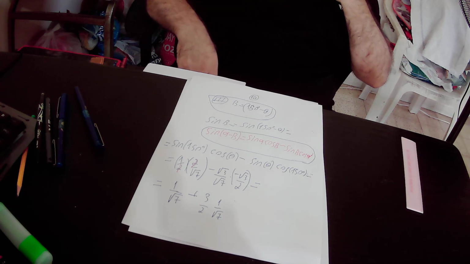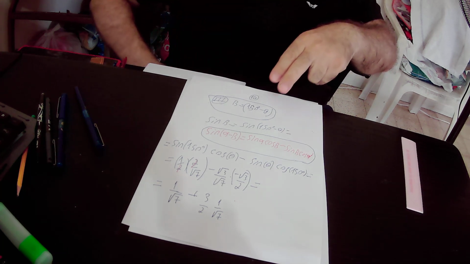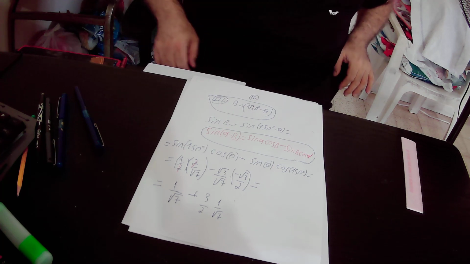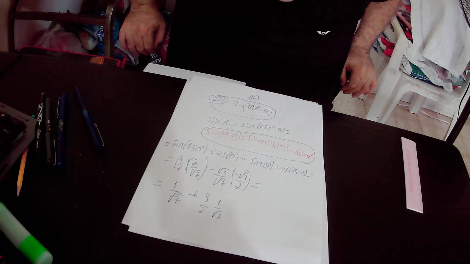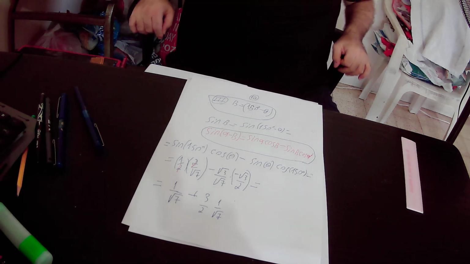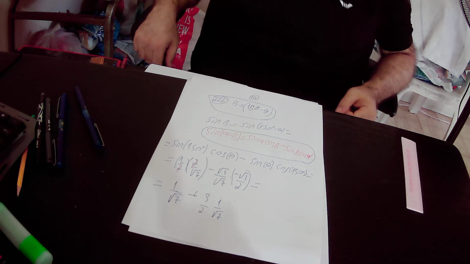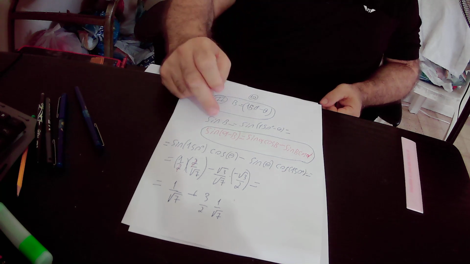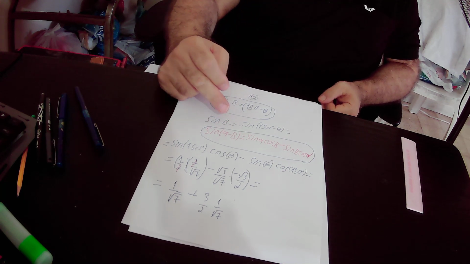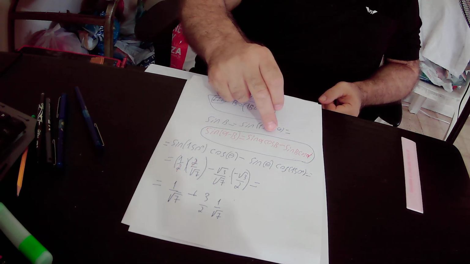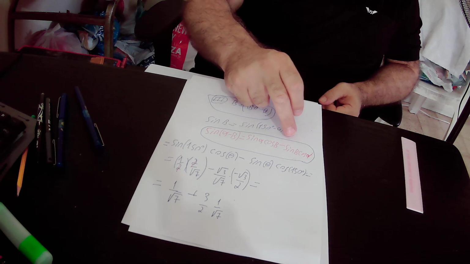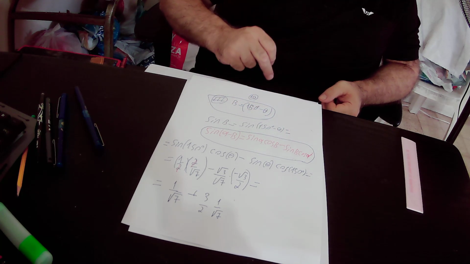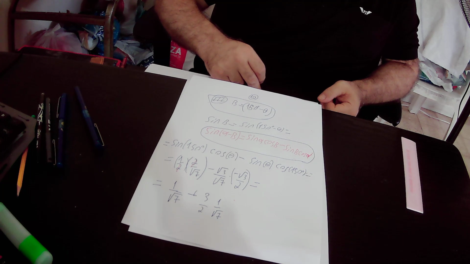Okay, so in order to find out the value of sine 150 degrees minus theta, we used the second trigonometric identity that states that sine alpha minus beta equals sine alpha times cosine beta minus sine beta times cosine alpha.